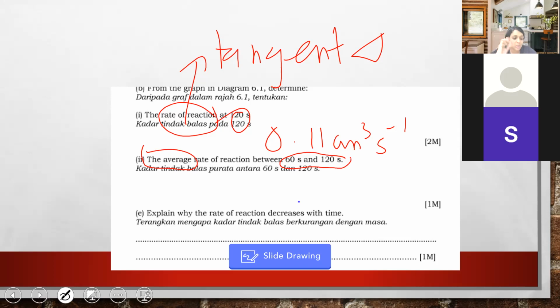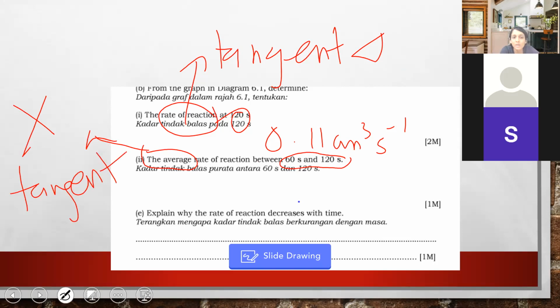If you don't know, say, teacher, I don't know, it's more than okay. Yes, sir. Yes means what? Must do tangent? Wrong. If you see the word average, please never, ever do a tangent.